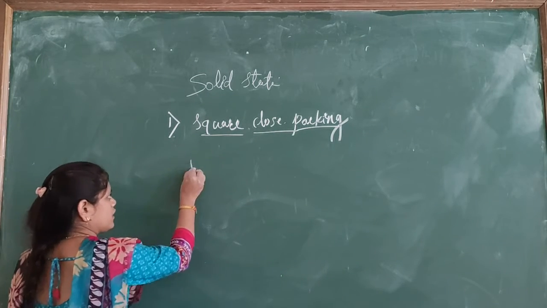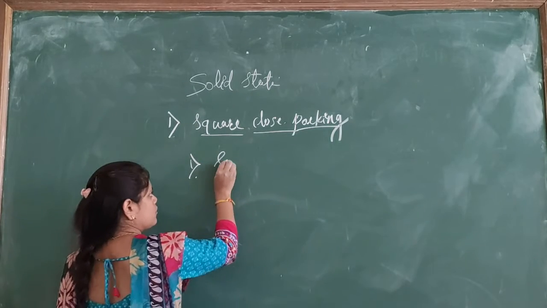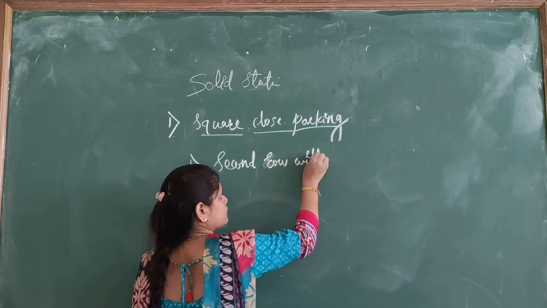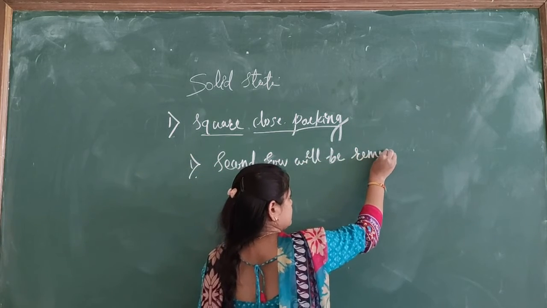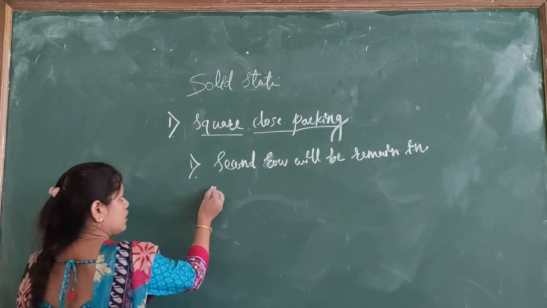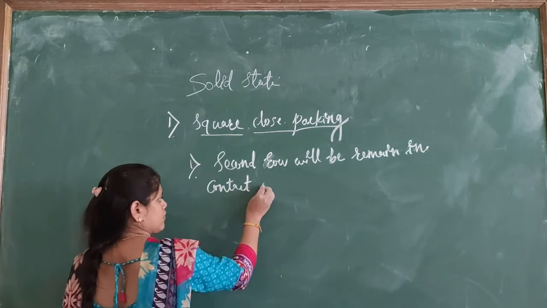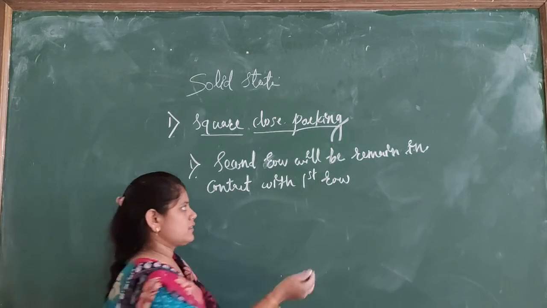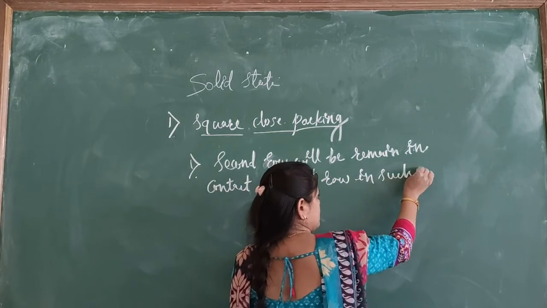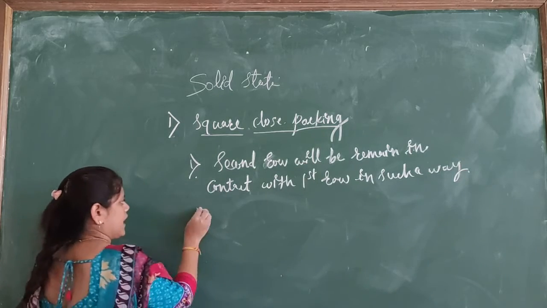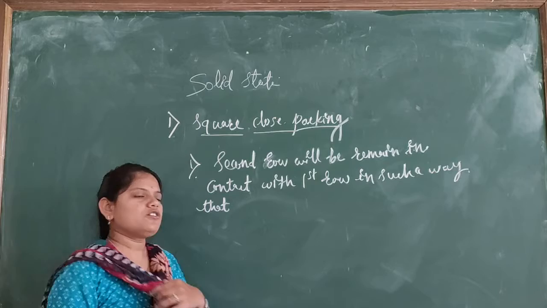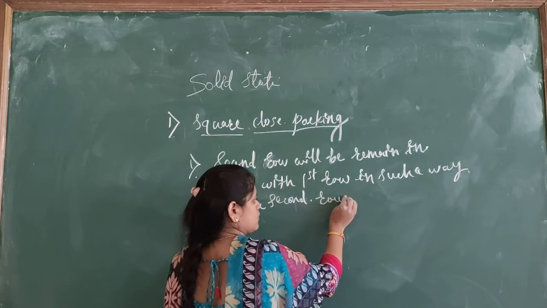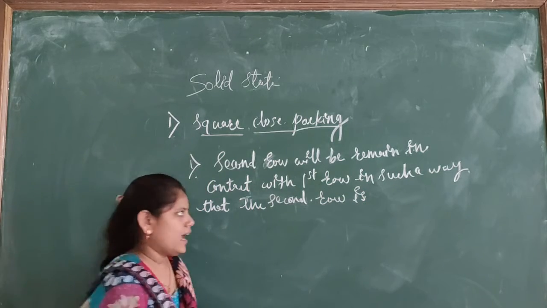So what I told here: the second row will remain in contact with the first row in such a way that the second row is present exactly above the first row.